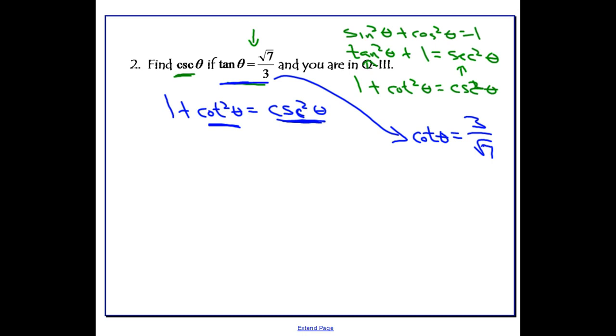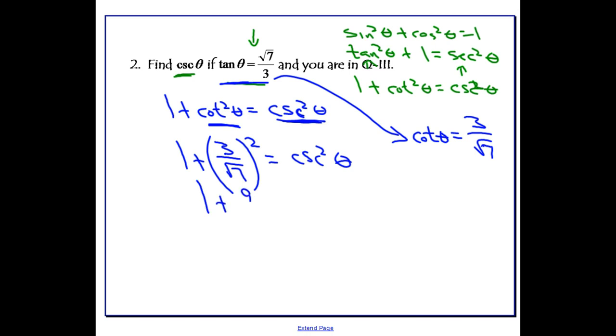All right, so knowing the cotangent, I come over and I go 1 plus the cotangent, I put in 3 over the square root of 7. This whole thing is squared equals the cosecant squared. This isn't so bad. And now I'll square this out. I get 1 plus 3 squared is 9. The square root of 7 squared is 7.